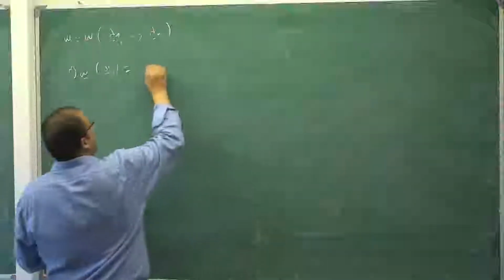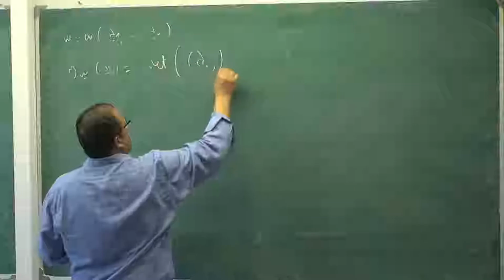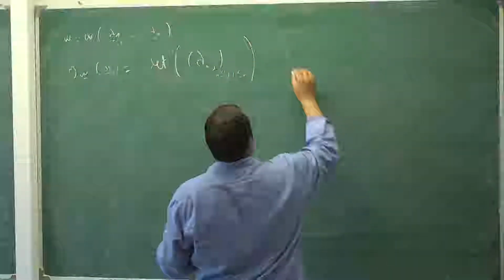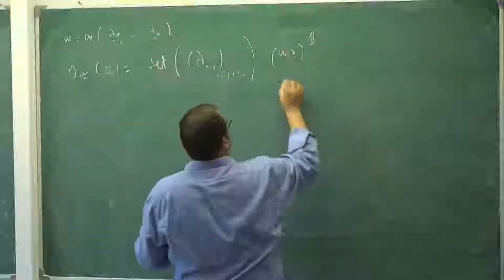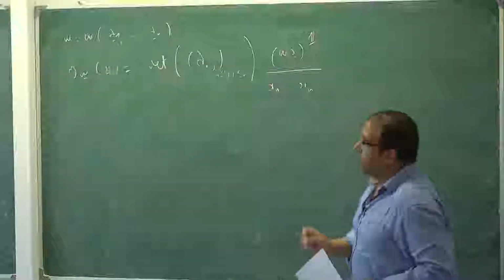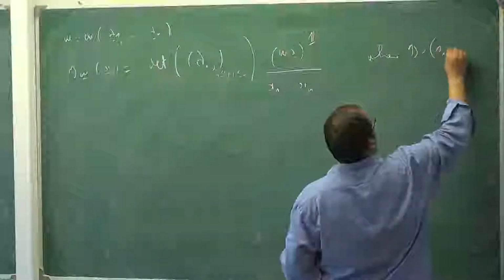It is equal to the determinant of the matrix lambda ij times a monomial, x to the power lambda minus 1, where 1 is the vector 1, 1, 1.